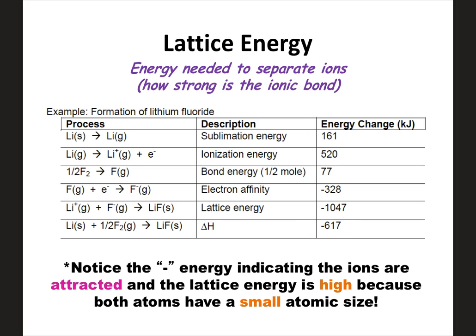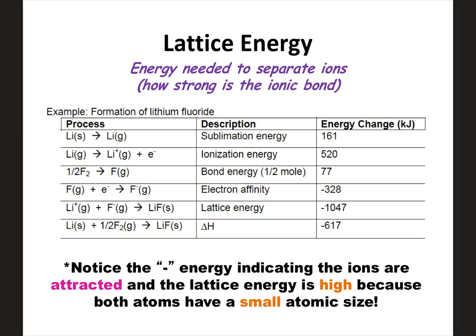And notice it's negative, which means even though it took some energy for some of these things, like sublimation or breaking the bond in the fluorine, you still get energy given off, meaning these two atoms would prefer to come together and form the bond because you're going to be in a lower energy state. So that's the basic process here of lattice energy.